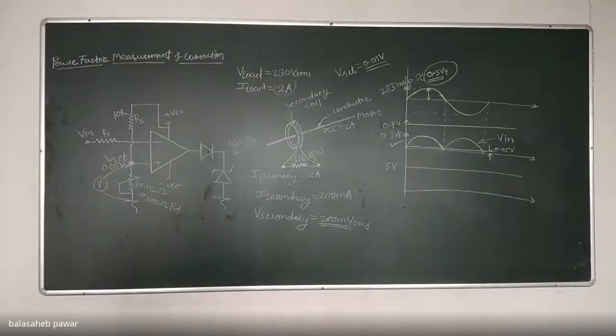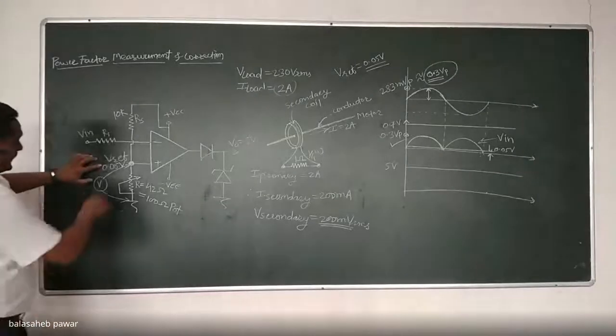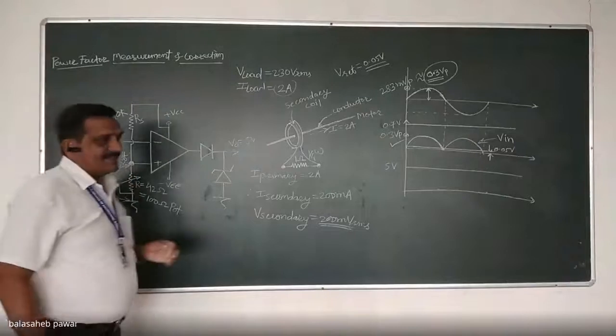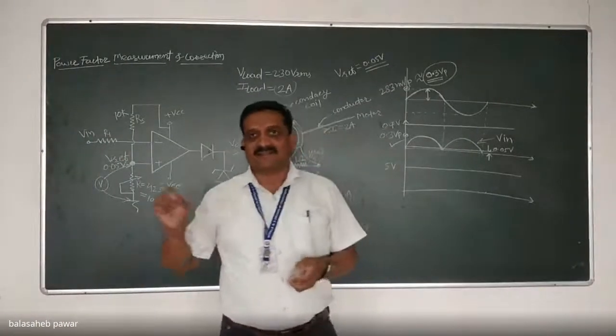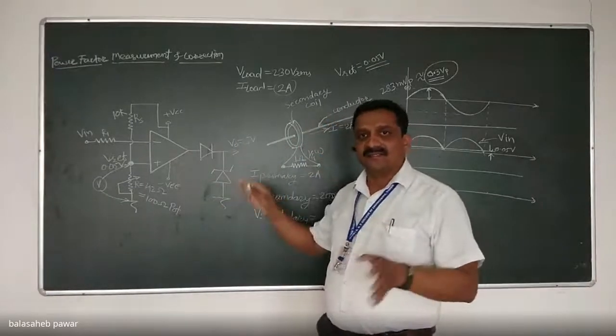Once you set the voltage drop across that potentiometer as our required 0.05 volt, just lock that potentiometer. That means later on nobody should disturb it. Otherwise, if the reference voltage gets disturbed, everything will get disturbed.